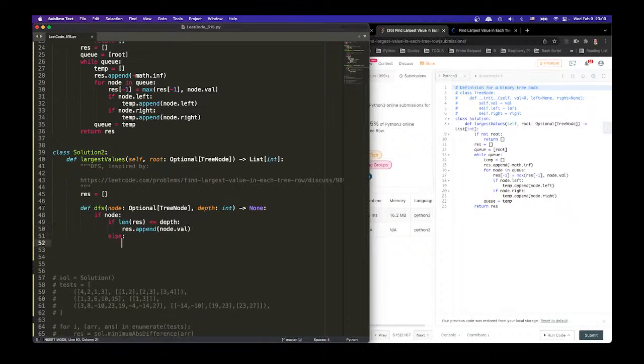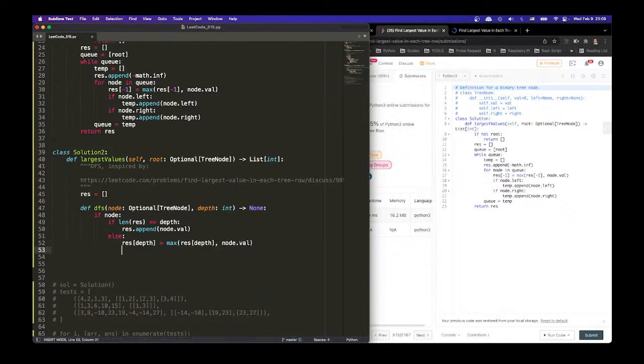Else, then res of depth, right? Res of depth equals the maximum of res of depth and node.val.